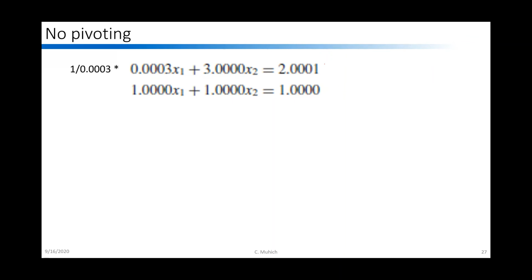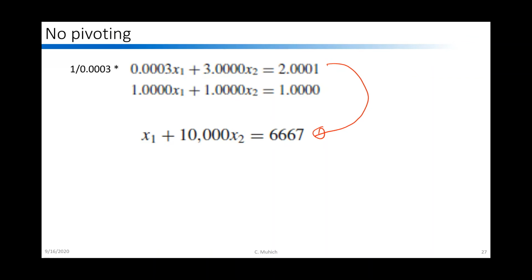When I do this multiplication out, I get 1 plus 10,000 x2 equals 6,667. So this is just taking that and multiplying through.